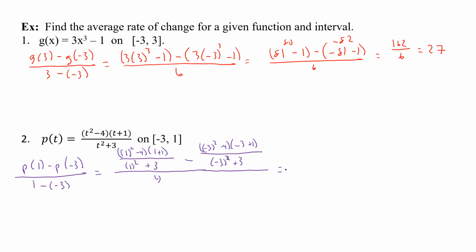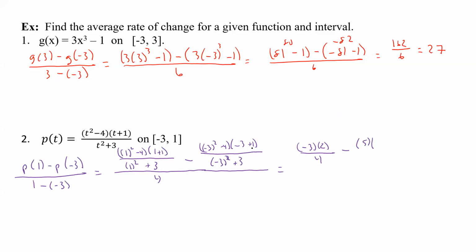Now, if I can read all that, well, 1 squared is 1 minus 4. So that's going to give me a negative 3. Yeah, okay. 1 minus 4 is negative 3. And then we have 1 plus 1 is 2. And then that's all over 1 plus 3, which is 4, minus, and now here we have negative 3 squared, so it's 9, minus 4 is going to give us a 5.